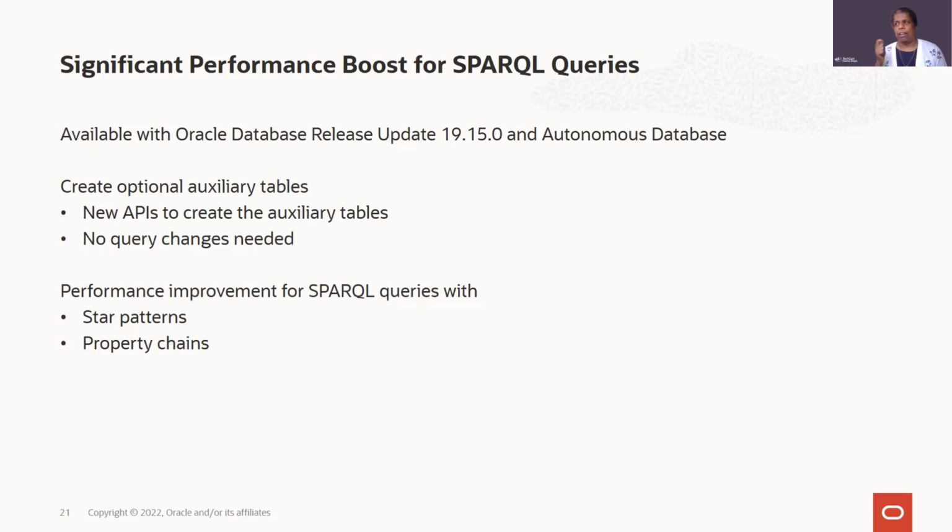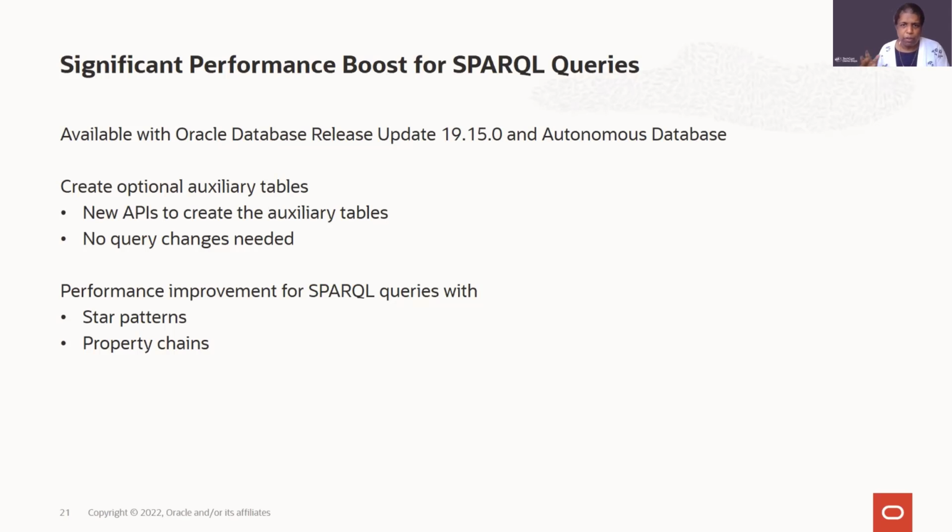So we recently, I think in mid-April, made available a feature that enables a very significant performance boost. So we give users the ability to create some optional tables that enable you to run some queries very fast. So you can think of it like materialized views.